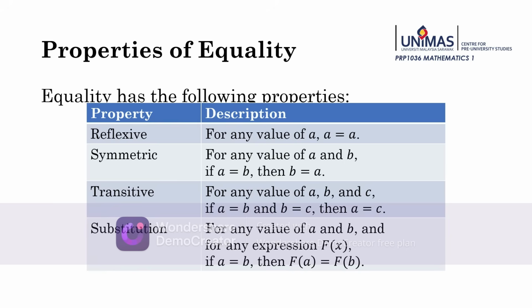Transitive: if a equal to b and b equal to c, we can conclude that a is equal to c. Substitution: we have a equal to b. If we substitute into any expression f of x, we will get f of a equal to f of b.